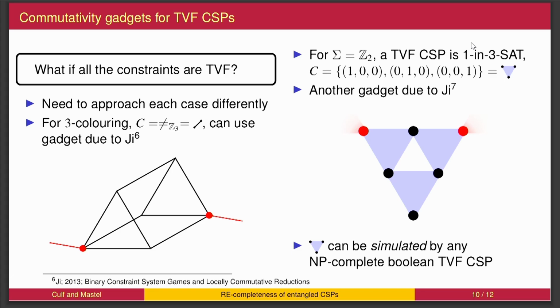So this single commutativity gadget generalizes to a commutativity gadget for every two-variable falsifiable Boolean CSP, meaning that with the two cases, the non-two-variable falsifiable CSPs from the previous slide and these two-variable falsifiable CSPs from the current slide, we've covered all of the possible Boolean cases.